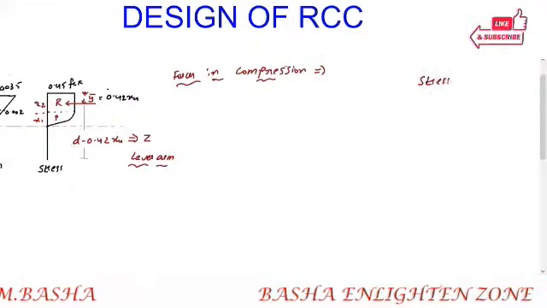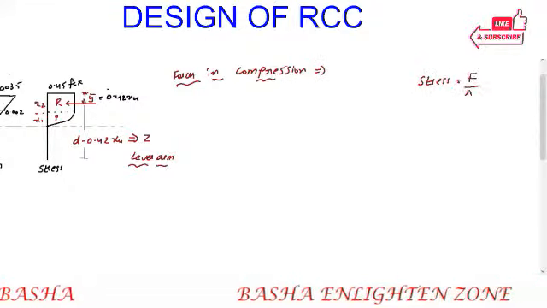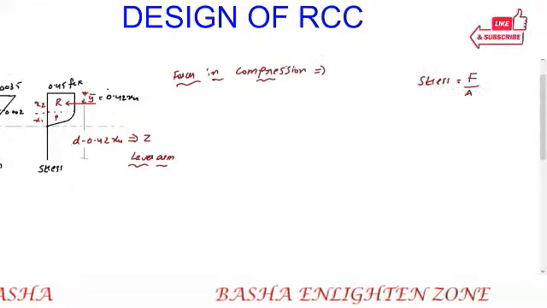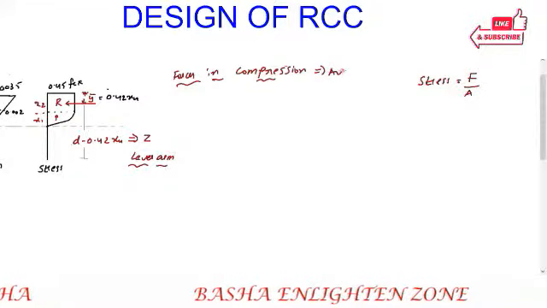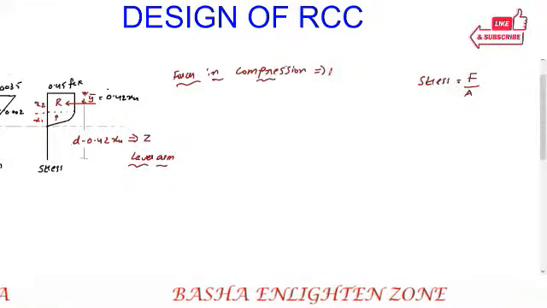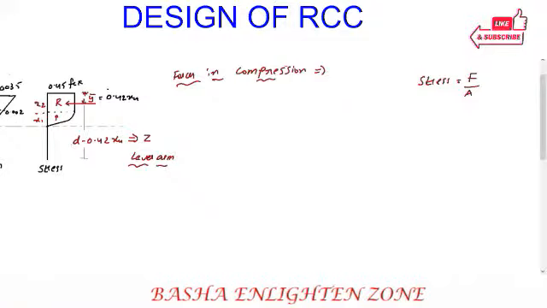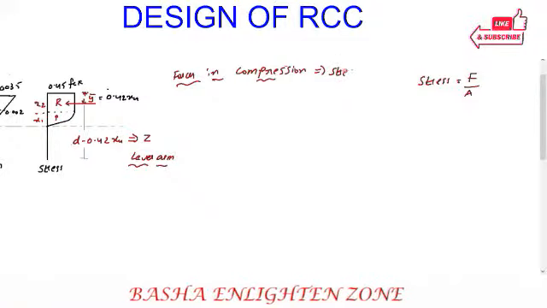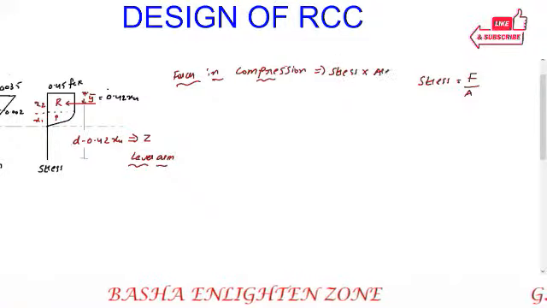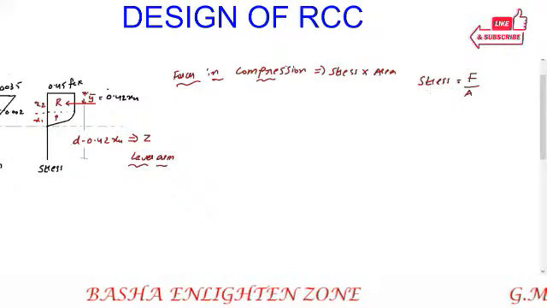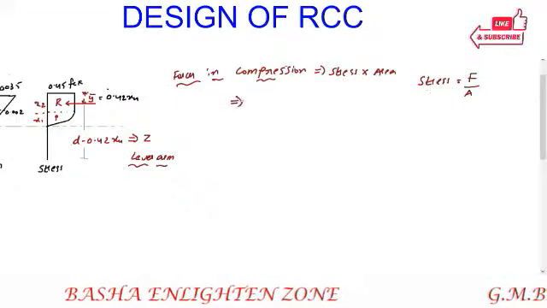What is the force here? Already we know stress equals force per unit area. So if I want force, I will take stress into its area, just vice versa, cross multiplying. So what about the stress here?